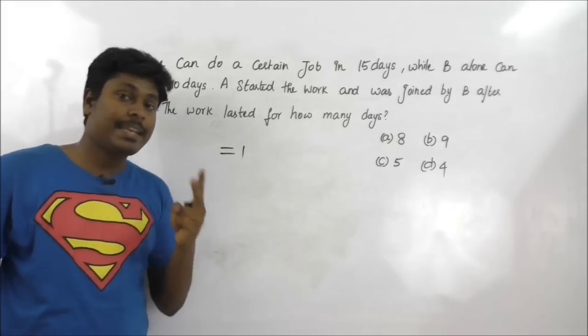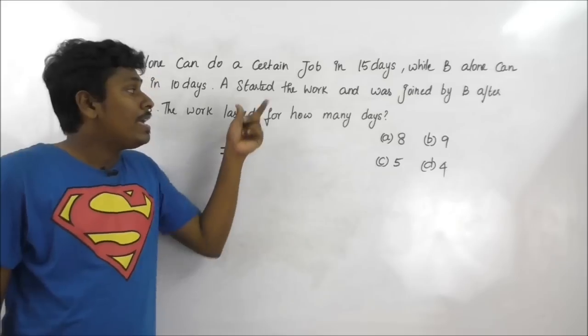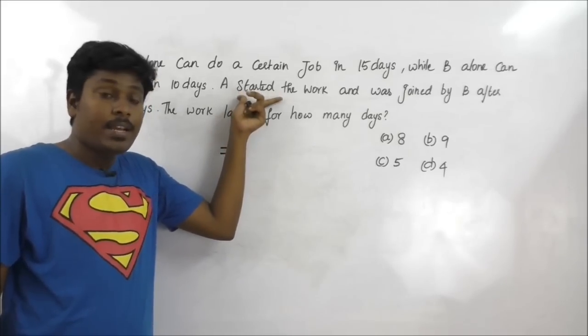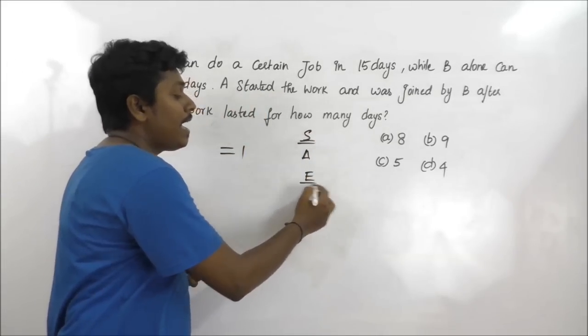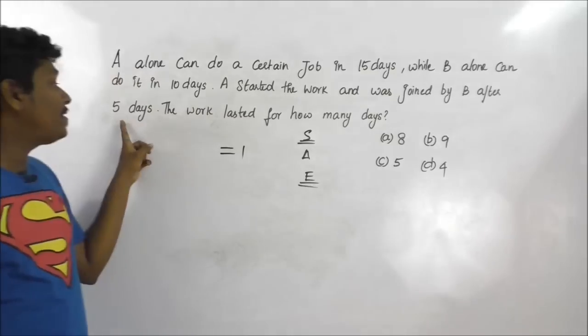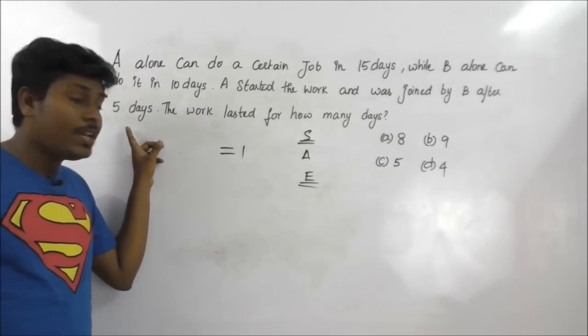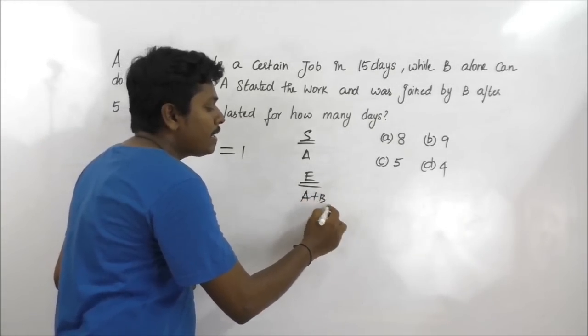Second thing, who is there from the start, and who is there till the end, right? A is starting the work. So if the starting person is A, what about the ending person? At the center only, B has joined. B has joined after 5 days where A worked, right? So we can clearly say that at the ending both A and B are there.